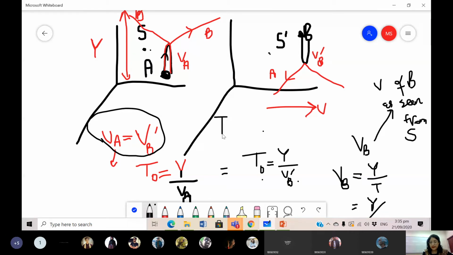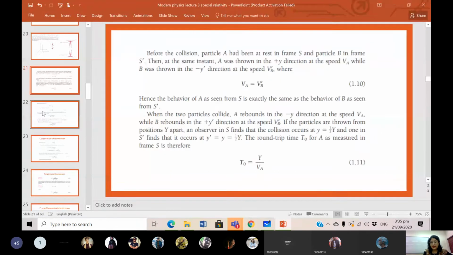T is equal to gamma t0, right? Time dilation, हमारा result क्या था? T is equal to gamma t0. So it will be y divided by square root of 1 minus b square over c square, and then t0 will be here as well. ठीक है? So that's where we've got this equation.